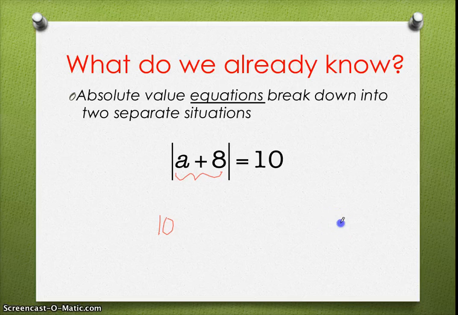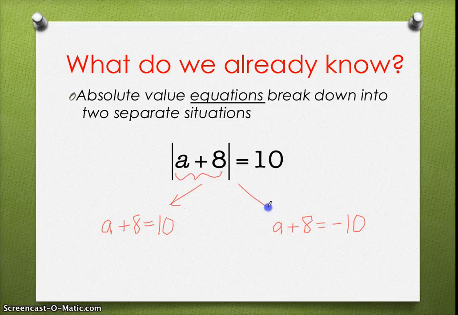We also know the number negative 10 is also 10 units away from 0. And we set whatever is inside, bounded by the two absolute value bars, equal to those two values that we've identified as a distance away from 0 of 10. So once we have set up these two situations, we can then go ahead and solve.